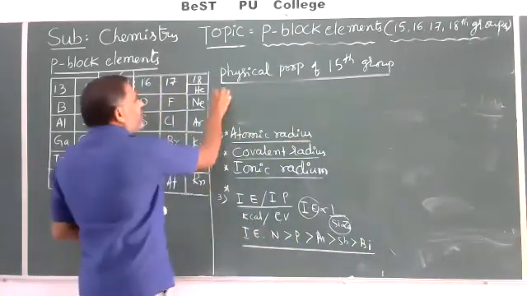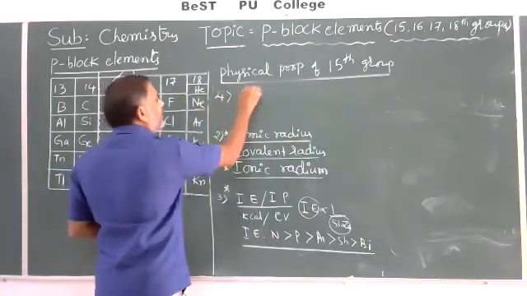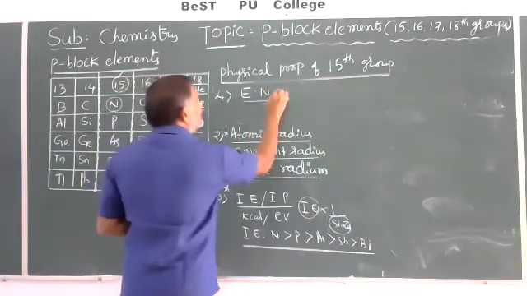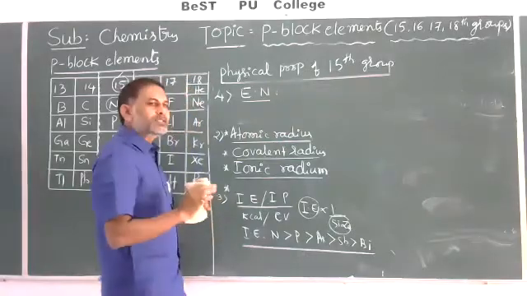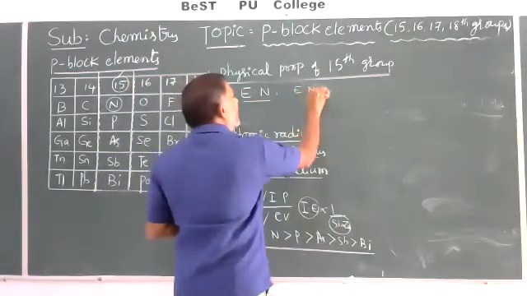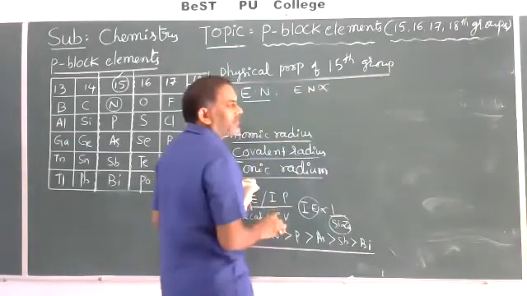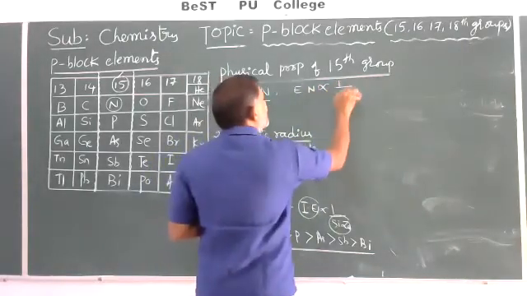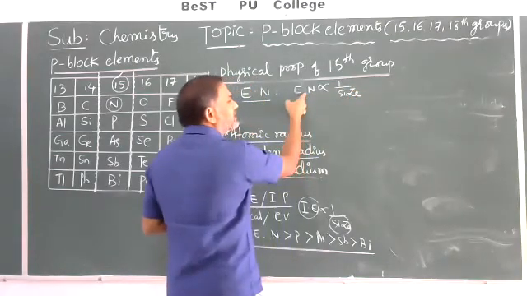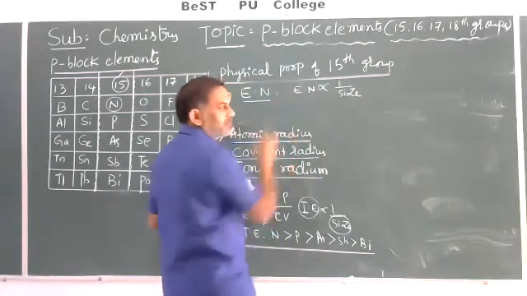This electronegativity generally depends on size. Electronegativity is inversely proportional to size. Size is more, electronegativity is less.